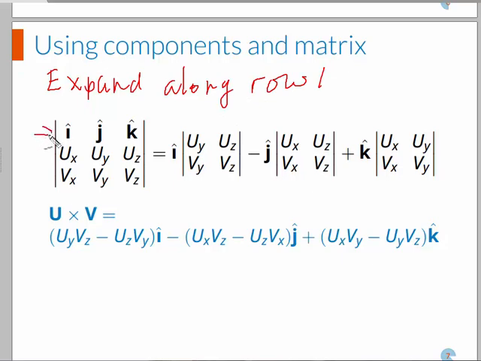So we're expanding along row 1. The first term we put the I, no sign change. And then you find the cofactor matrix associated with that term by mentally crossing off the row and column where the I lives, and you're left with UY, UZ, VY, VZ, and that makes up the 2 by 2 matrix that follows I.